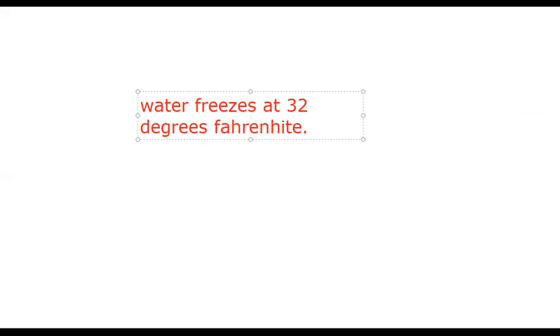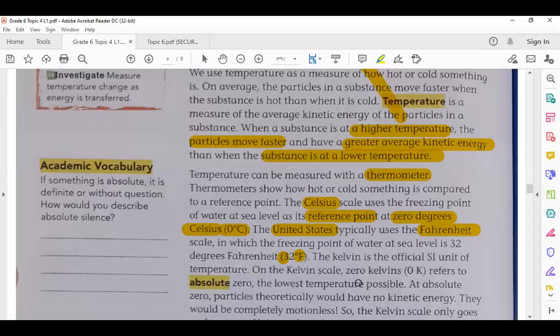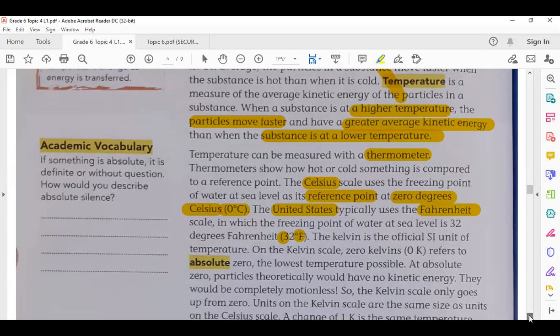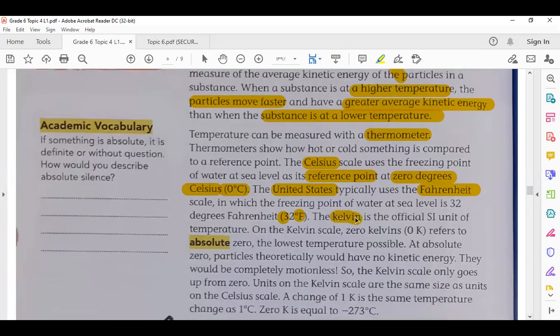The third scale is used by scientists. It is the scientific scale, the SI unit, called the Kelvin. Kelvin is the official SI unit of temperature.